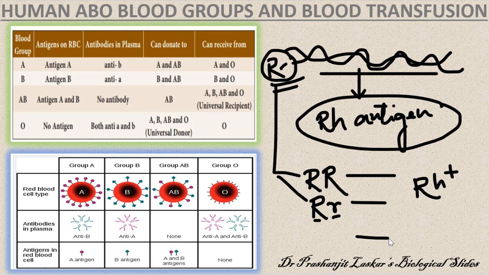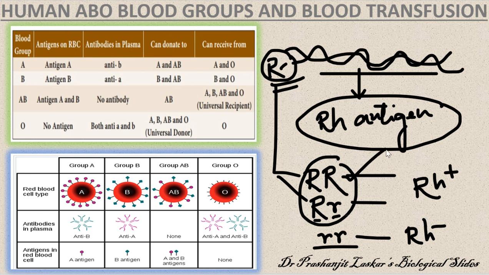And an Rh negative person, what about the Rh negative person? The Rh negative person's genotype is always small r small r, that means recessive. So the homozygous dominant form reflects Rh positive.